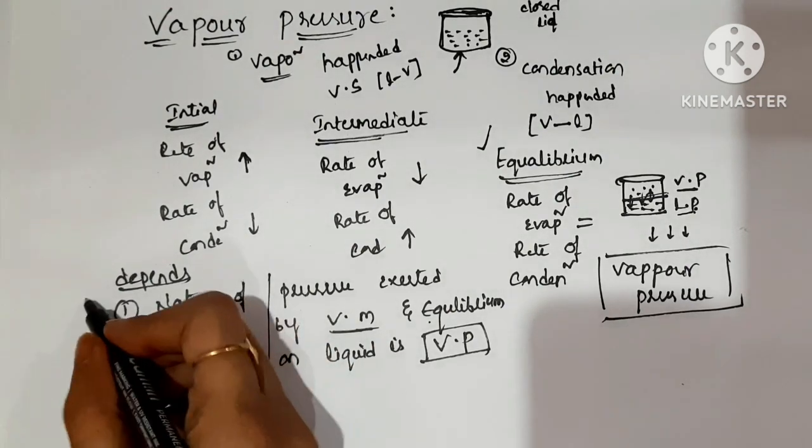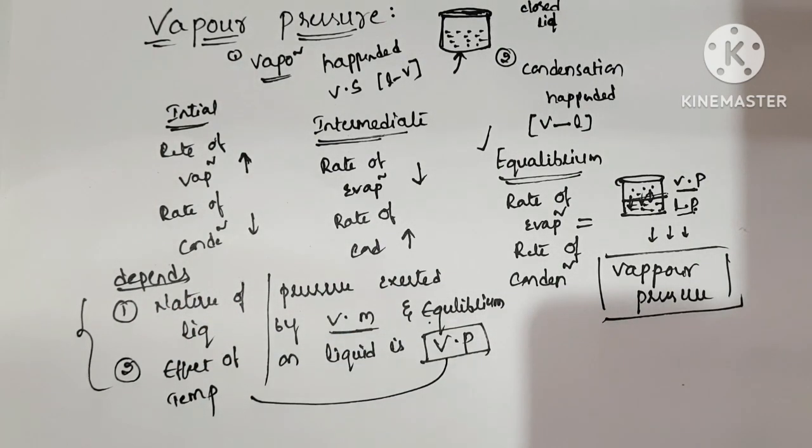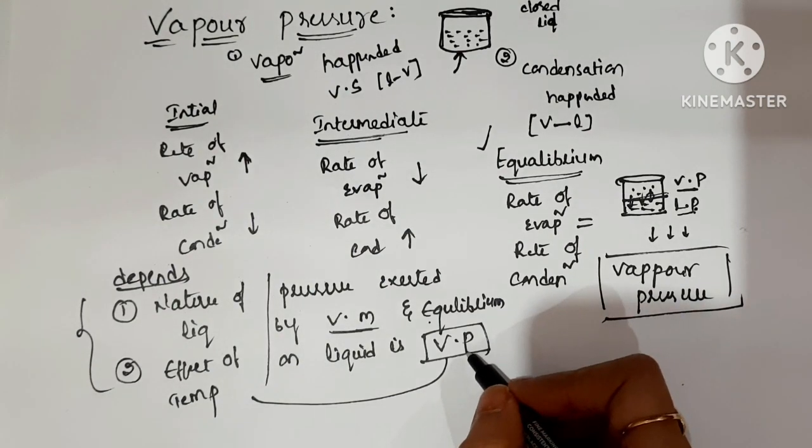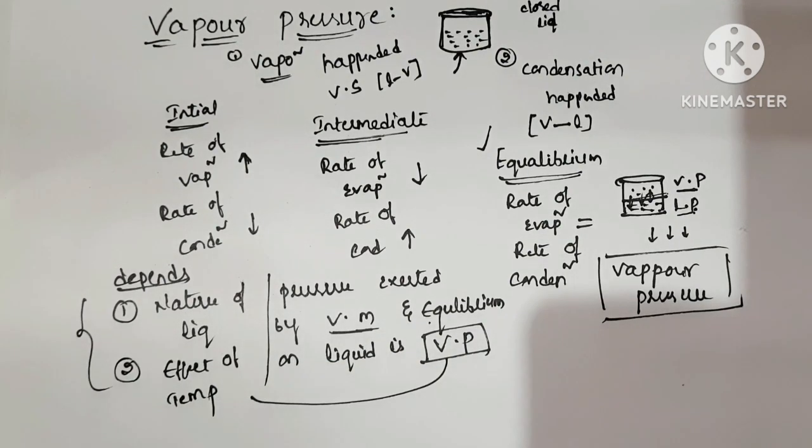These two factors affect the vapor pressure. That means vapor pressure depends on the nature of the liquid and the effect of temperature, right? So in this vapor pressure topic we will study about boiling temperature also.